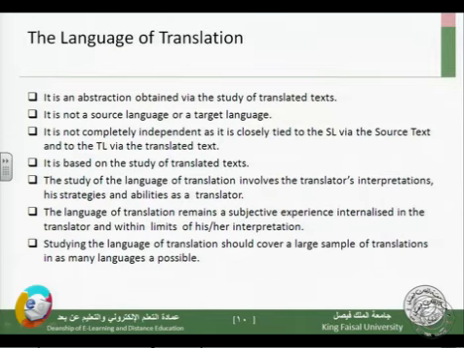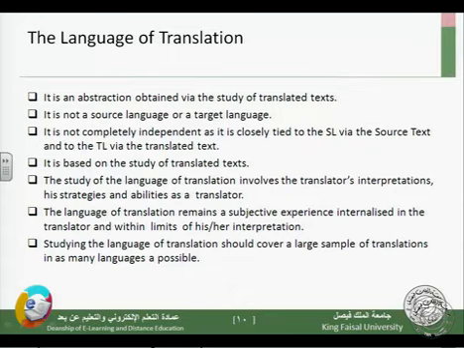The language of translation, look at the slide, what it says. It is an abstraction obtained via the study of translated text. An abstraction, it means it is somewhere in the mind, but it doesn't exist.